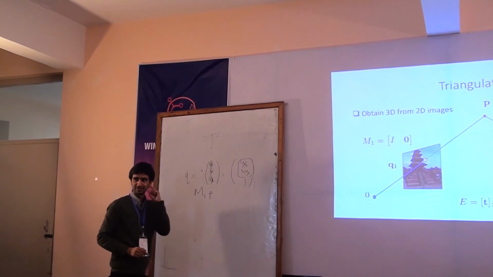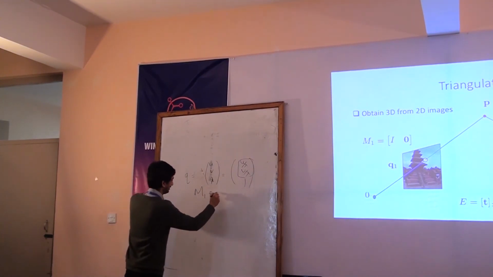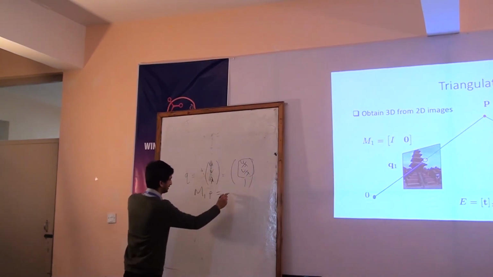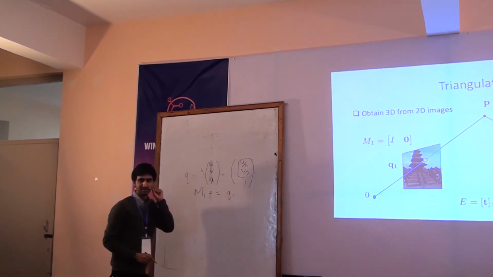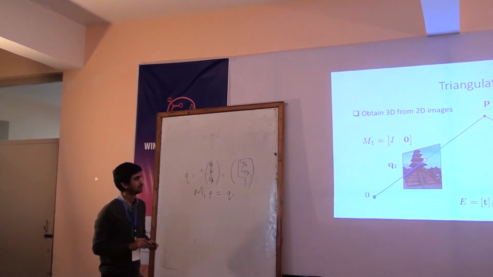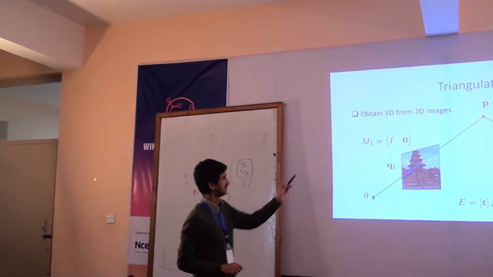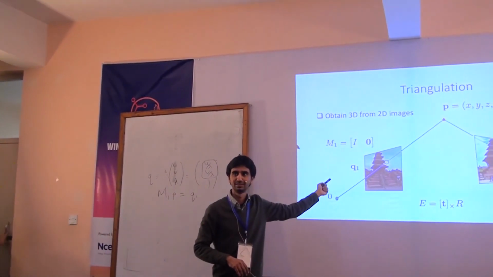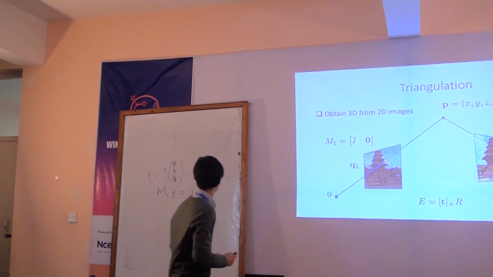It's quite straightforward. We say M1 times P is Q1. Is there any problem? M1 projecting P gives you Q1.